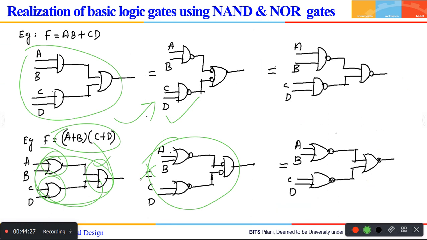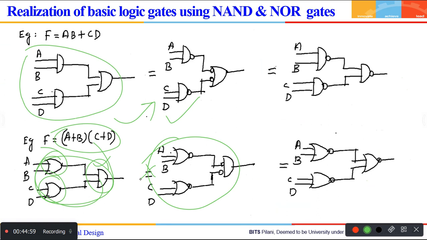See, your questions may be asked in different ways. Listen carefully. You may be asked to implement it using only NAND gates. In that case, do you try to insert a NOR gate into that? No, don't do that. Suppose the question says use only universal gates, you have an option to use either NOR gate or NAND gate.